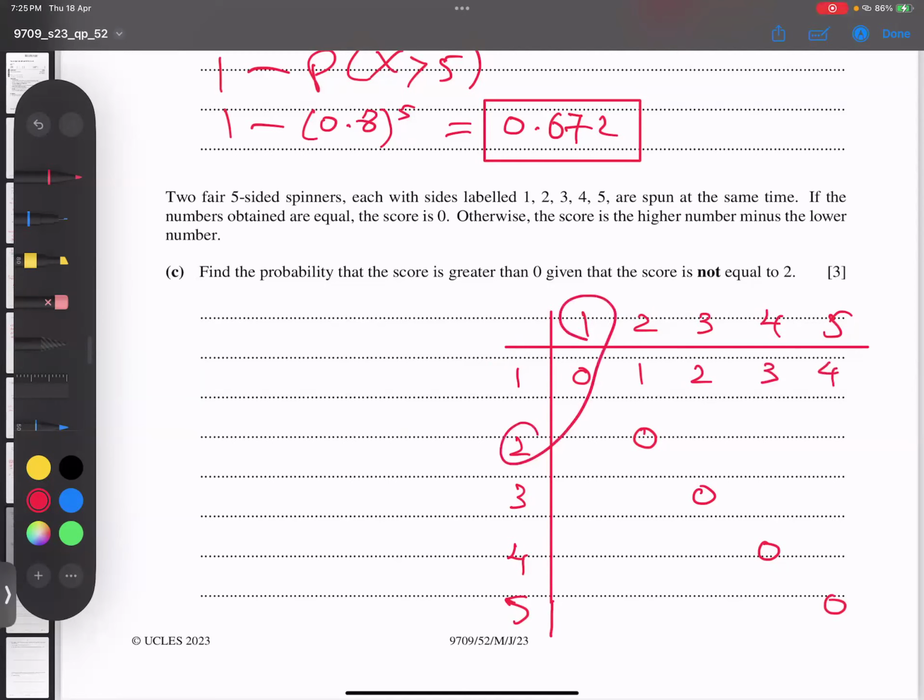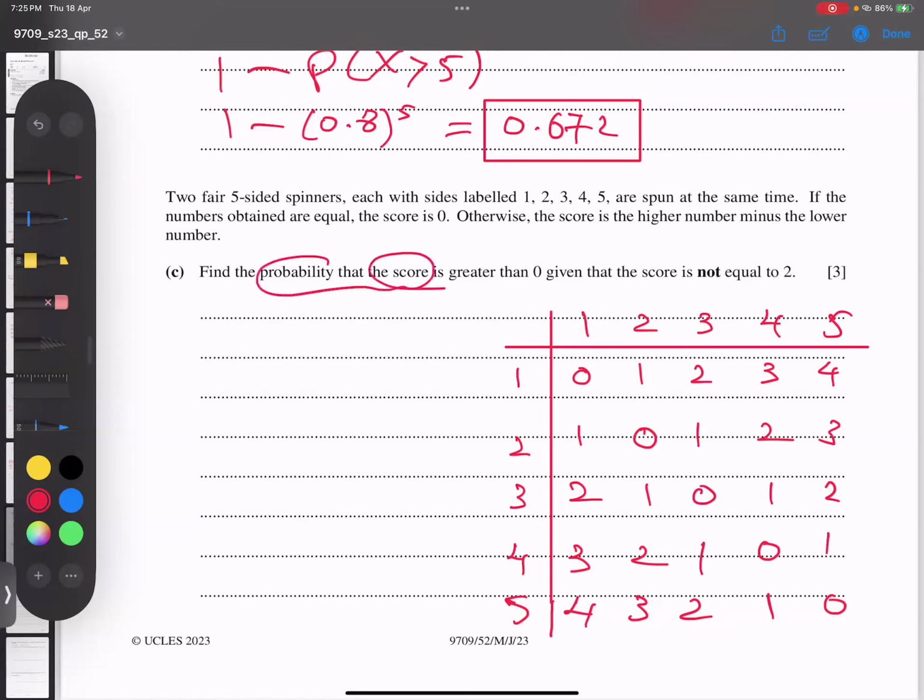And similarly, 2 and 1 difference is 1. 2 and 3 difference is 1. 2 and 4 difference is 2 and then 3. 3 and 1 difference is 2 and then 1. 3 and 4 difference is 1 and then 2. 4 and 1 difference is 3, then 2, then 1. 4 and 5 difference is 1. And 5 and 1, you get 4, 3, 2, 1. I believe you understood the differences.